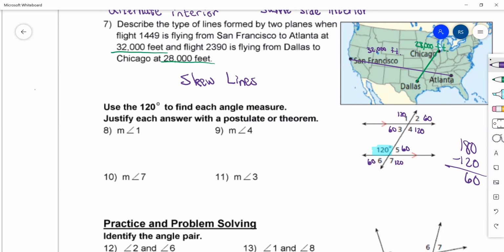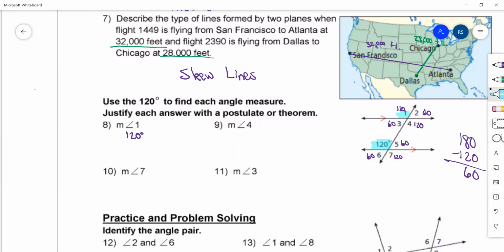Okay, so first, angle 1. We already said angle 1 is 120 degrees. Now, what relationship does angle 1 have with our given 120? They are corresponding. Okay.